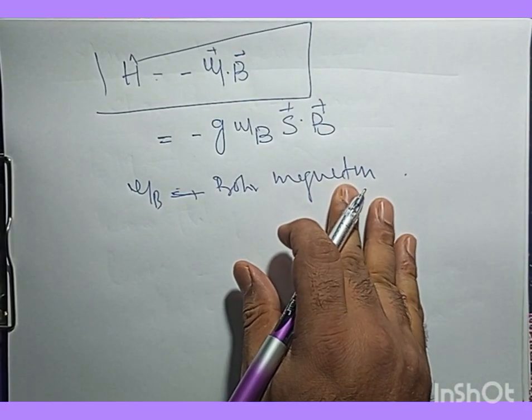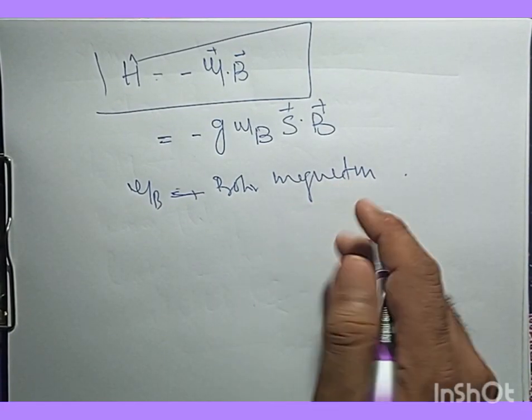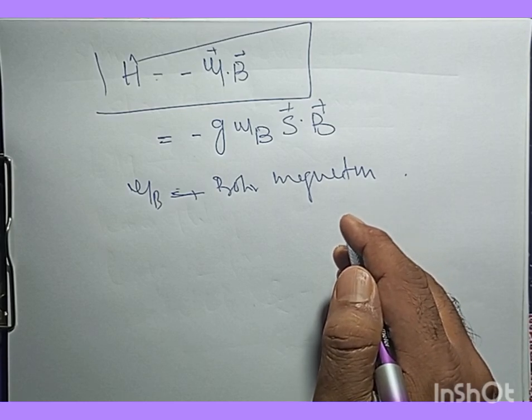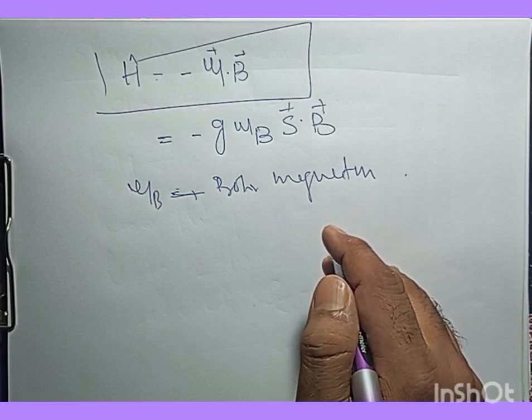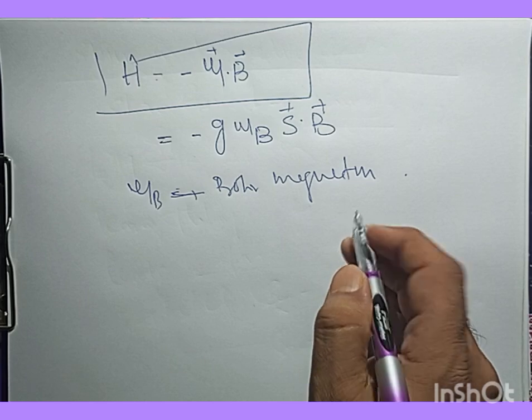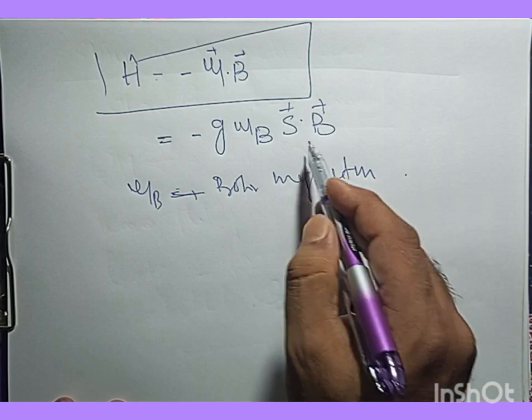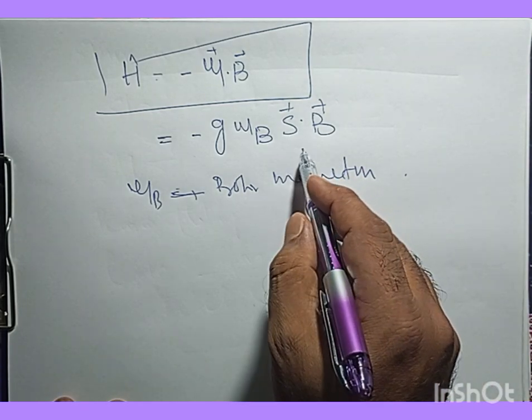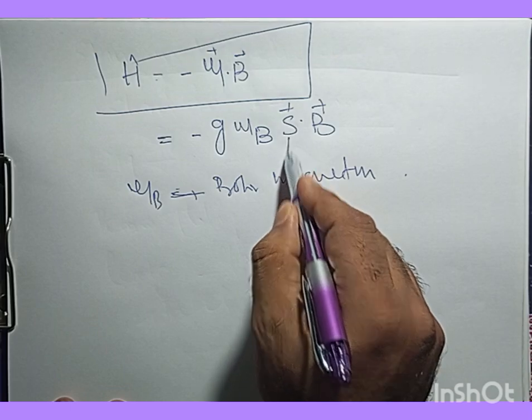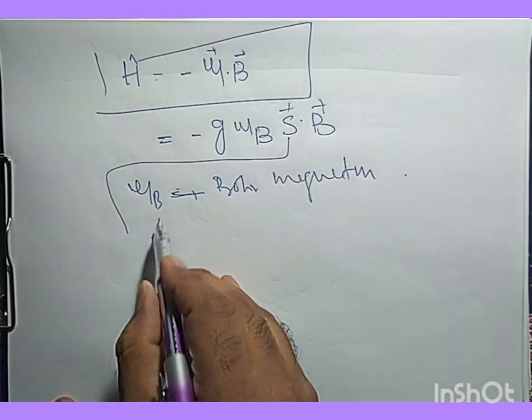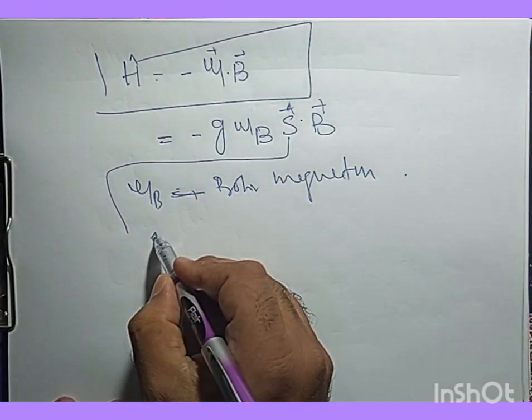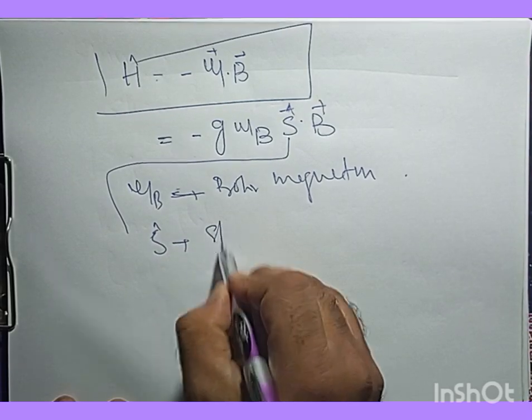And then we have spin angular momentum dot the magnetic field. So this S is basically a spin operator.